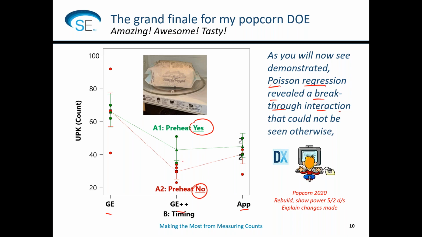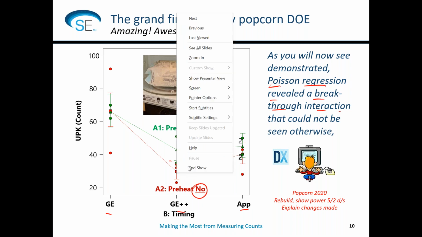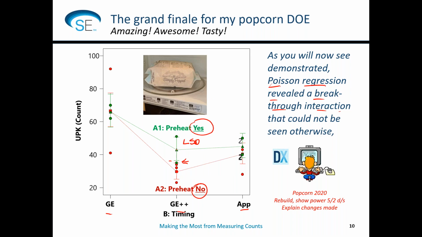You can see it here where these bars are slightly separated. Believe it or not, these are called LSD bars, least significant difference. When they are separated like this, it means there's a significant difference in this combination of no preheat, which is this square button here, and the green triangle, which is preheating.